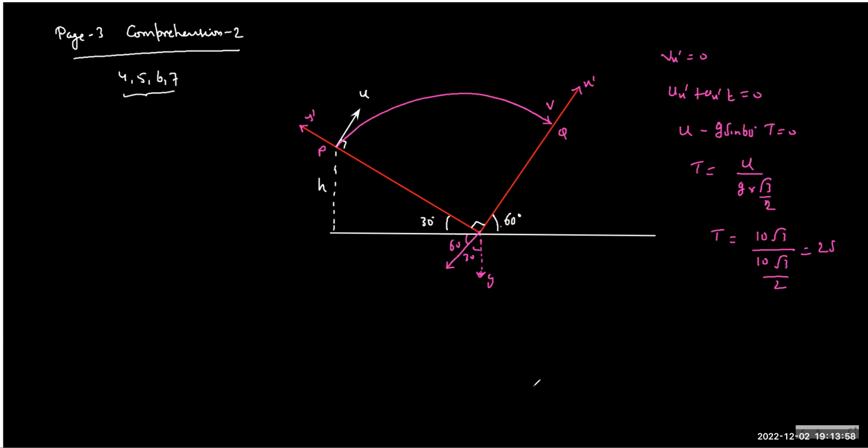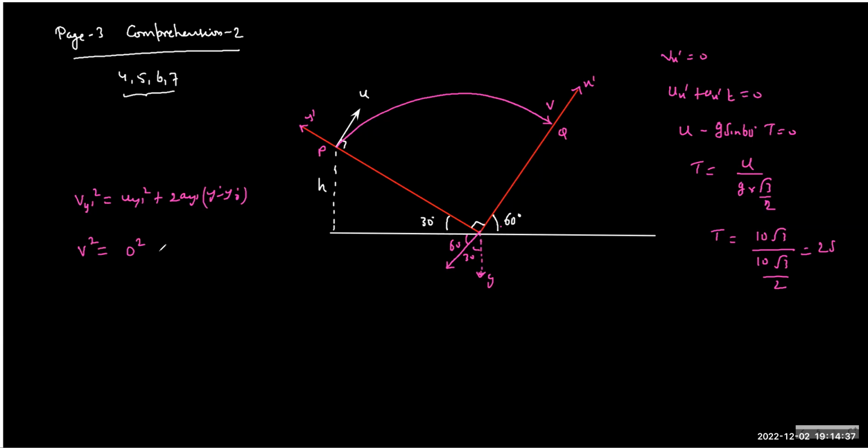The speed with which the particle strikes the plane OB. So how to find V? I think that's also easy. The third equation of motion will give you the answer directly. Here V itself is Vy dash. So V square equals Uy dash squared, what is Uy dash? 0, correct?